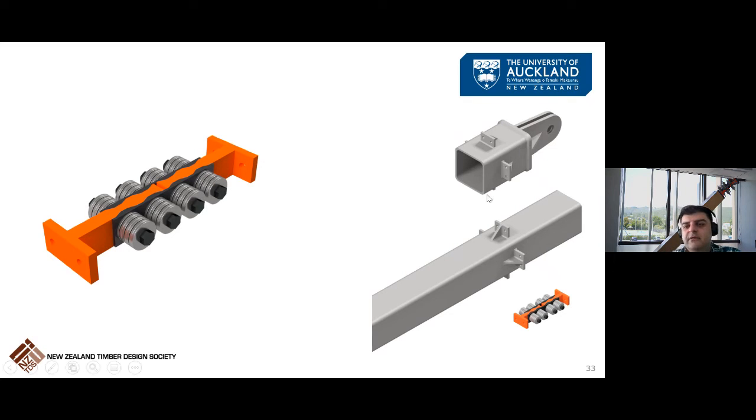Here you can see the female part and the male part. These are in parallel with the resilient friction joint to form a resilient brace.